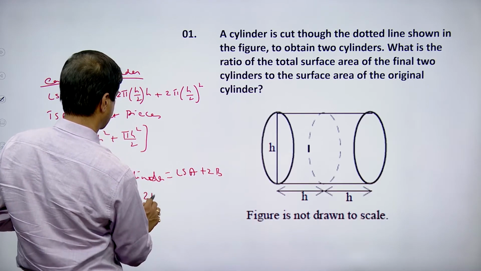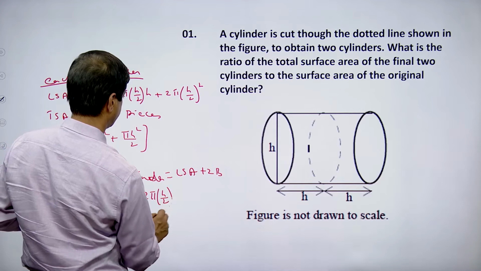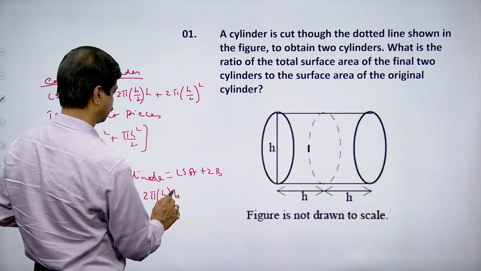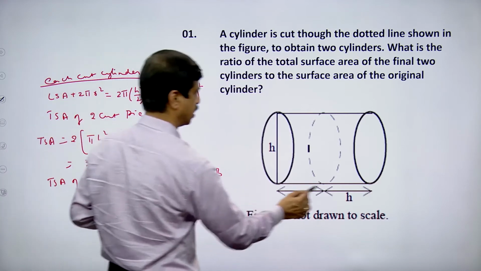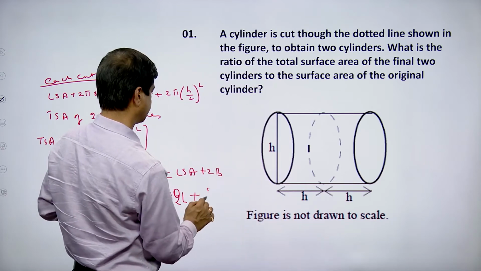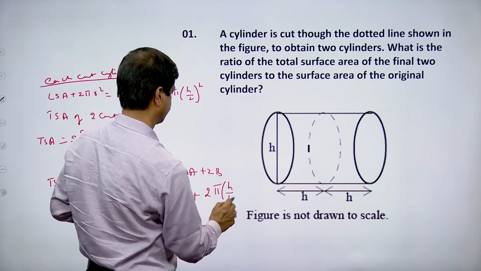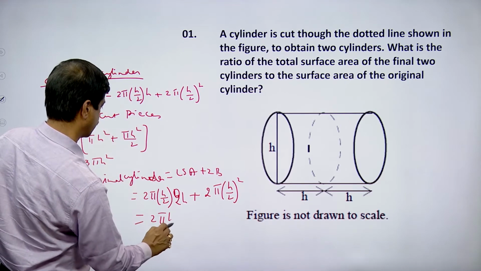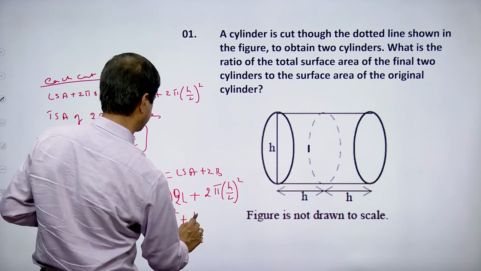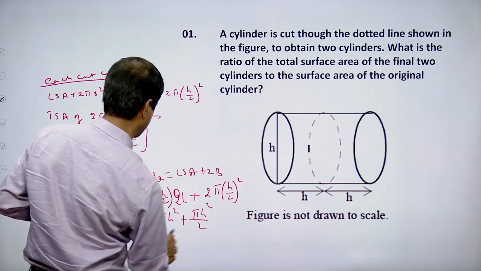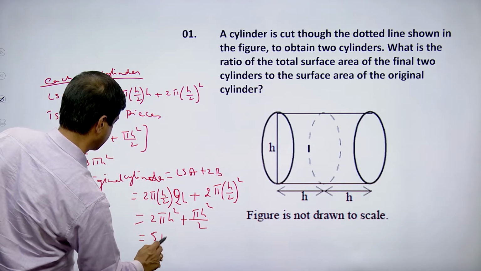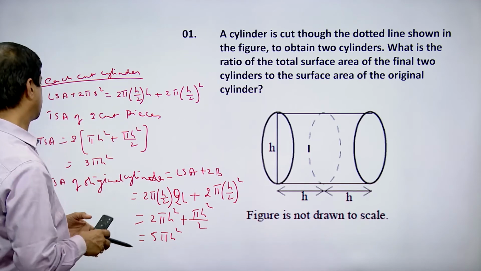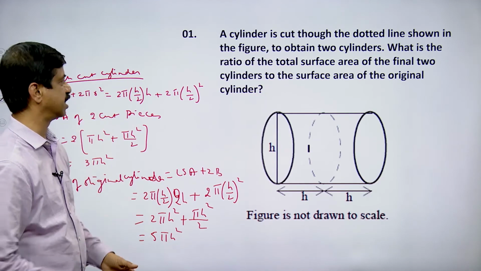LSA is 2 pi r, r is h by 2, into height 2h from here to here, plus 2 times area of base, pi r square. So this is 2 pi h square plus pi h square by 2. If you take 5 pi h square, the ratio of this to this means you will get 3:5.